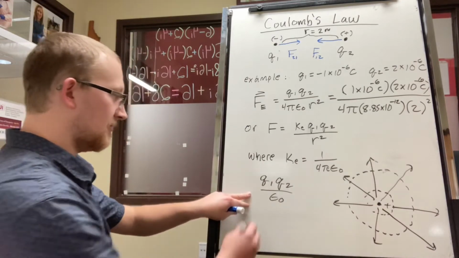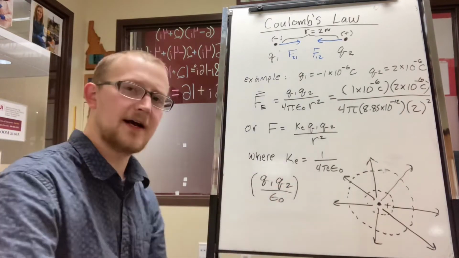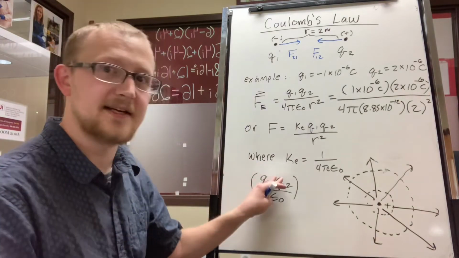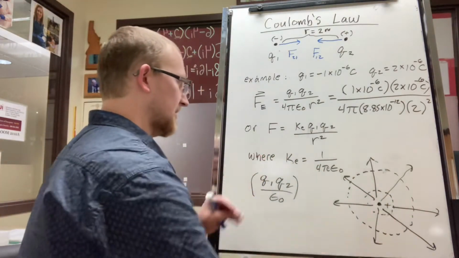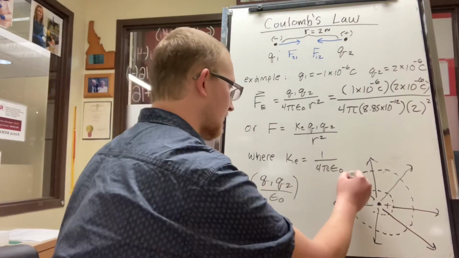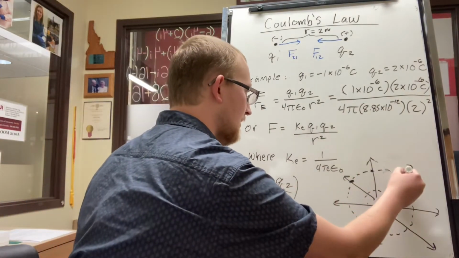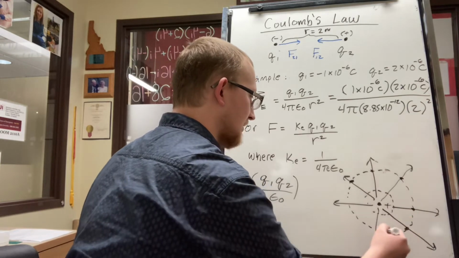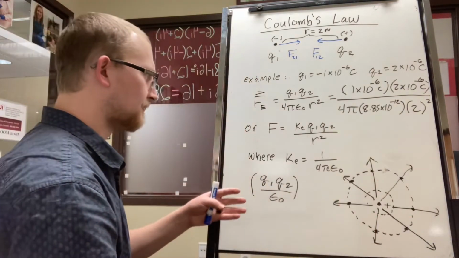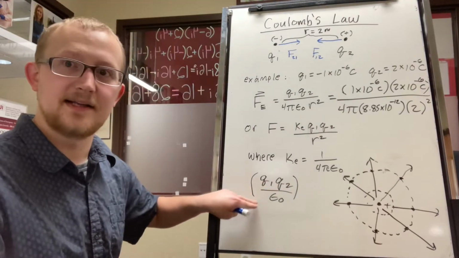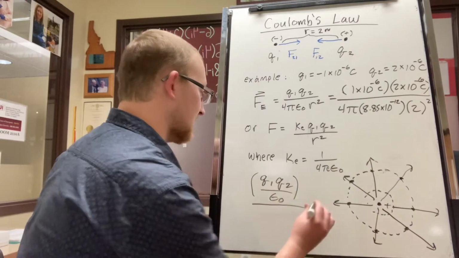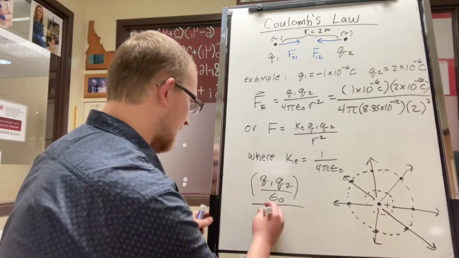This is the number of lines, and we're interested in the density of lines over the surface area. If we want to know the density at some point on the sphere of some radius, we have to take the fixed number of lines that we started with and still have, and divide that by the surface area over which they're spread out.